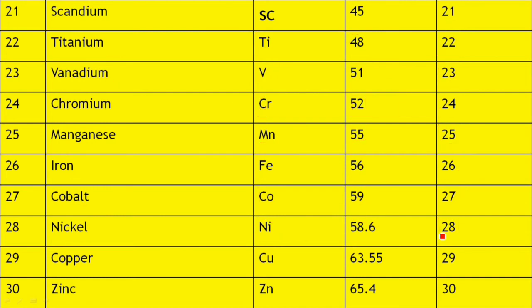Now let's go to copper. The 29th element, copper. Its symbol is Cu. Its atomic weight is 63.55. Its atomic number is 29.